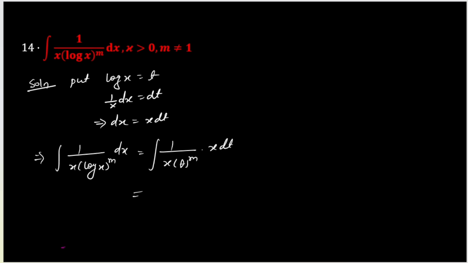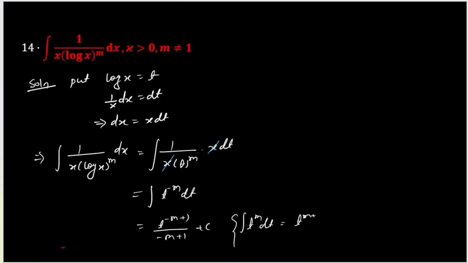So here x is cancelled and we get t power minus n into dt. So we get t power minus n plus 1 by minus n plus 1 plus c, because the formula of integration of t to the power n dt is equal to t power n plus 1 by n plus 1.